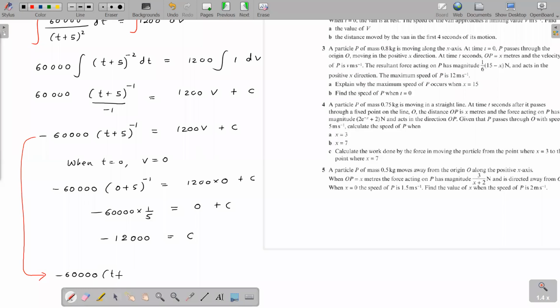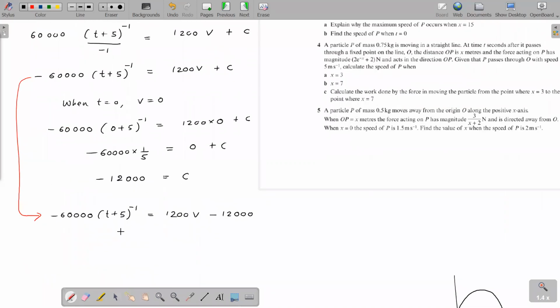Minus 60,000 times (t plus 5) to the power minus 1 equals 1200 v plus c, and c is minus 12,000. So minus 60,000 over (t plus 5) equals 1200 v minus 12,000. I'll bring it across in the next step.